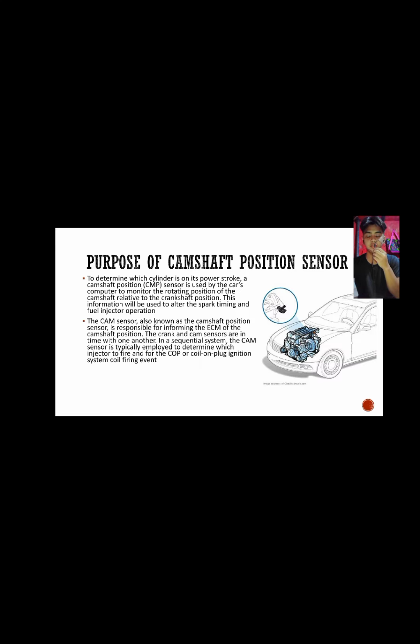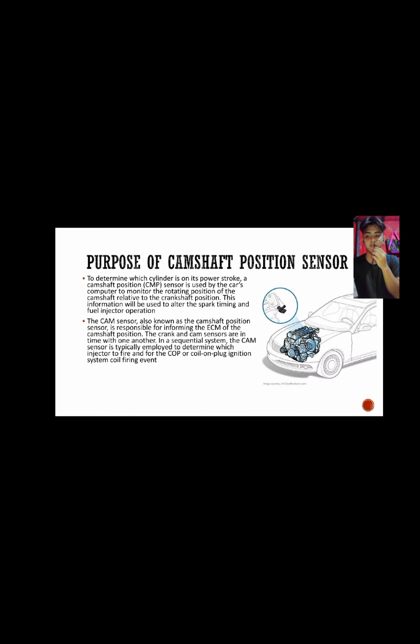A camshaft position (CMP) sensor is used by the car's computer to monitor the rotating position of the camshaft relative to the crankshaft position. This information will be used to alter the spark timing and fuel injector operation. The cam sensor, also known as the camshaft position sensor, is responsible for informing the ECM of the camshaft position.